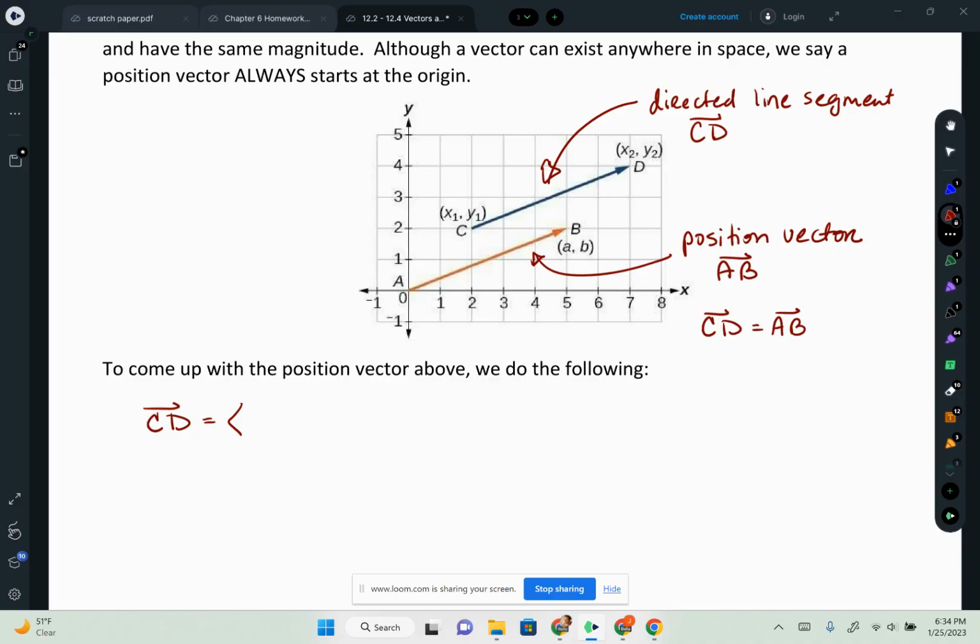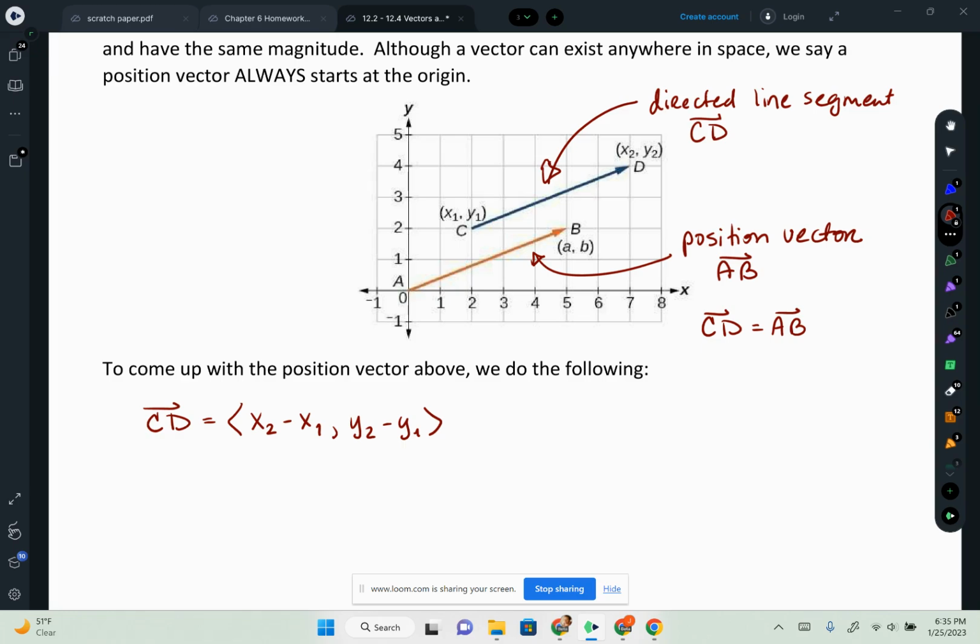And what are those? Well, since we've been given generic points, the change in x values is just x2 minus x1. And the change in y values is just y2 minus y1. This vocabulary I'm using may be very reminiscent of the idea of the slope, right? So change in y over change in x gives you your slope of a line.